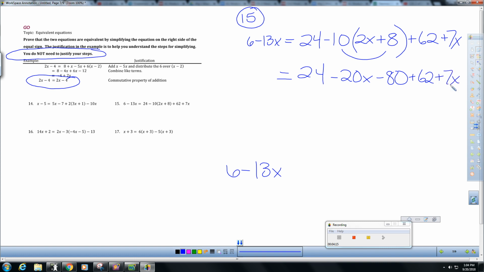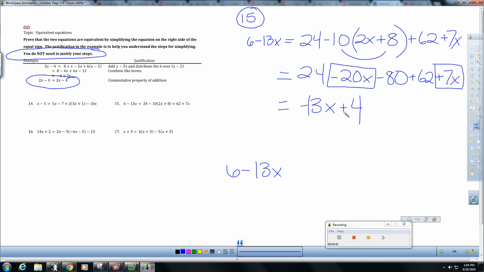Okay, combine like terms. We got a negative 20x and a positive 7x. So that's a negative 13x. I like that. You have a 24 minus 80 plus 62. I might have to pop that in the calculator. Well, 24 plus 62 is 84, and 84 minus 80 is 4. Positive 4.